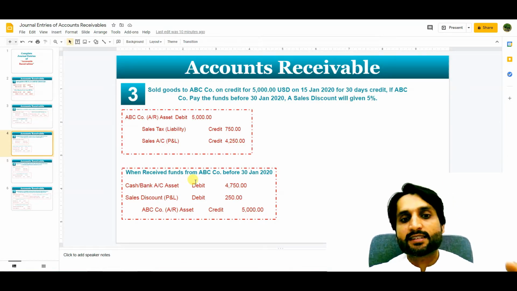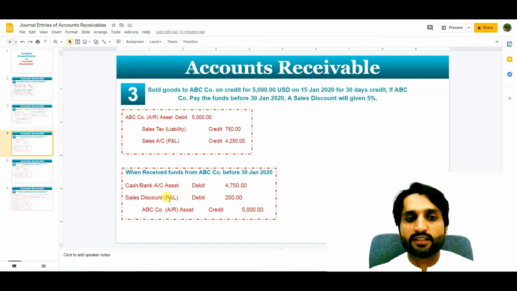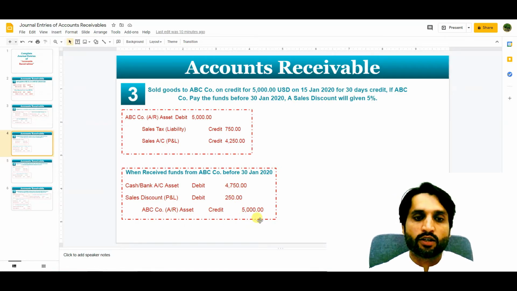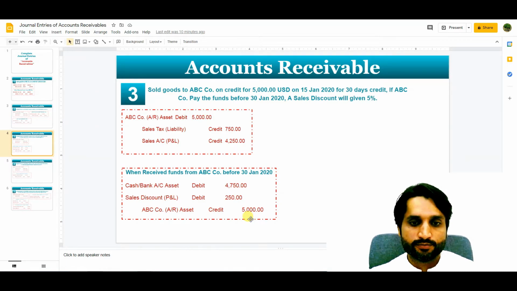Now when we receive funds from ABC company before 30 January 2020, cash or bank account will be debit with 4,750, and we made a sales discount to them of 5% because they paid us before 30th January. So we give them sales discount, which is debit by 250, and ABC company account receivable credit with the full amount of 5,000. So their account balance will be 0, here debit and here credit.